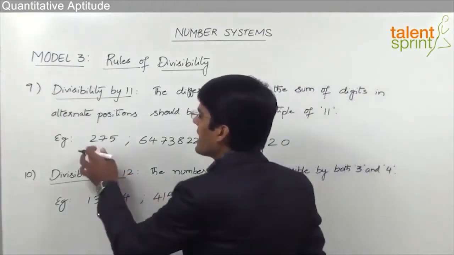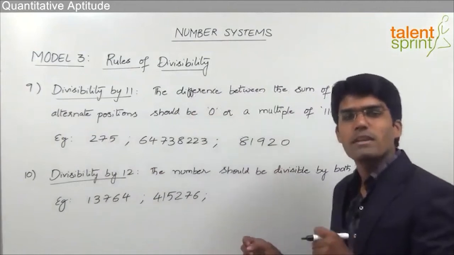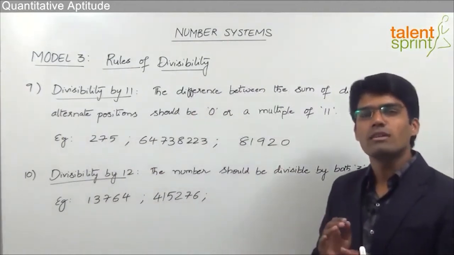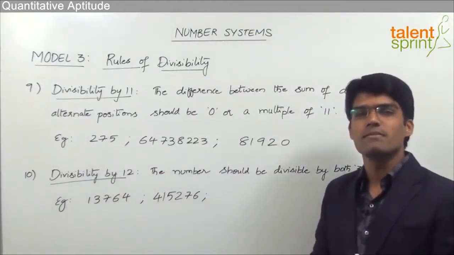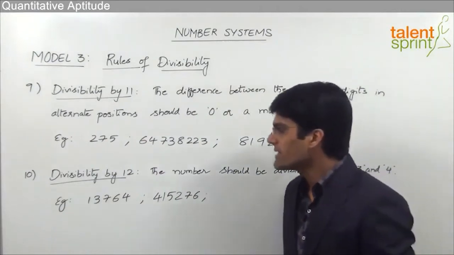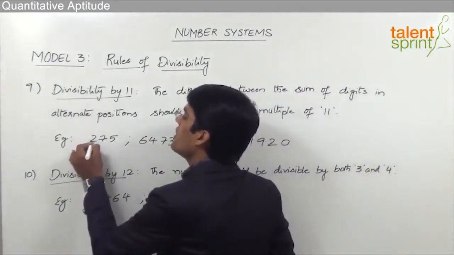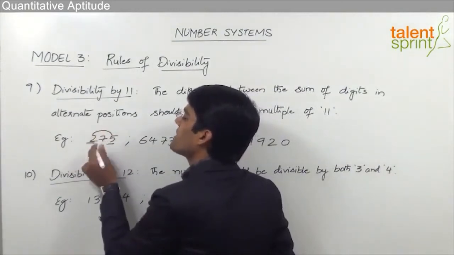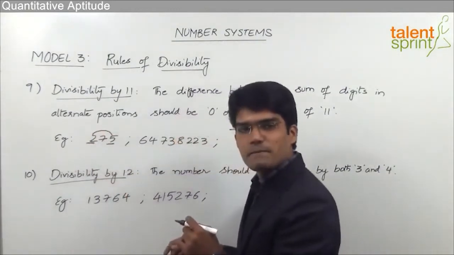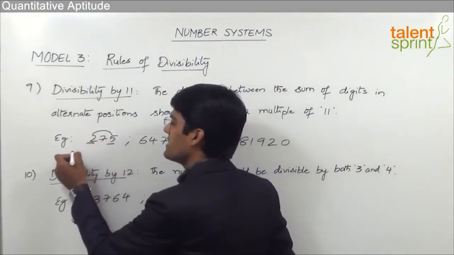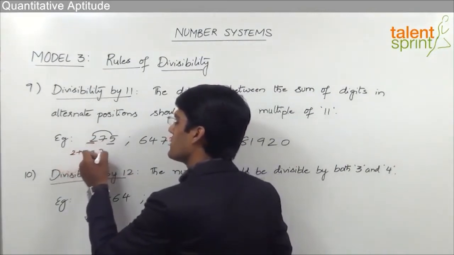Now, as you can see here, the number is 275. What we need to do here is find out the difference between the sums of alternate positions. For example, we have to first of all find out the sums of alternate positions. So 2 and the alternate position is 5. So 2 plus 5 is 7. So the sum of these alternate positions here is 2 plus 5, which is equal to 7.